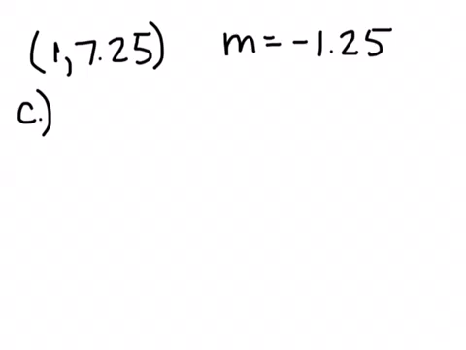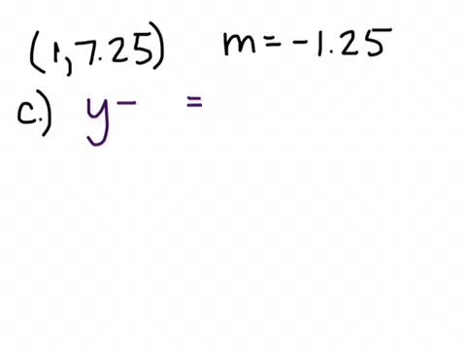Okay, so now we're going to find an equation of a line. And since we have 2 points and slope, we can use point slope. You can just pick whichever point you want to work with. I'm going to work with (1, 7.25). So we're going to plug into our equation. Our equation is y minus y1 equals m times x minus x1.